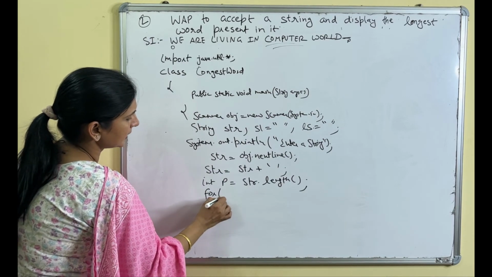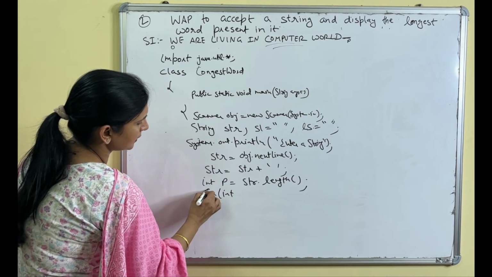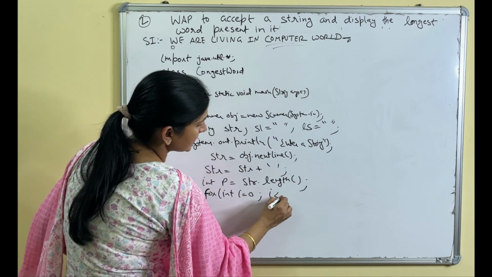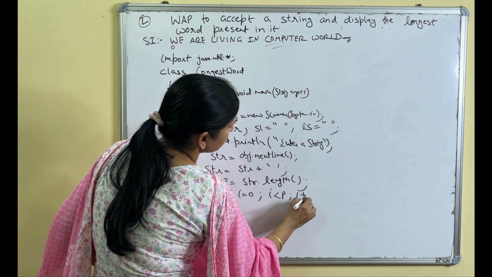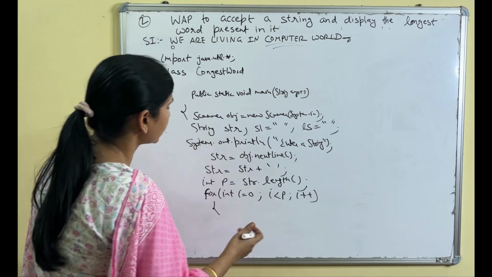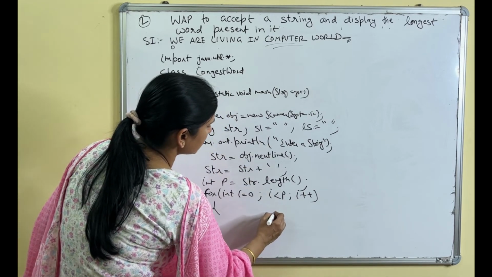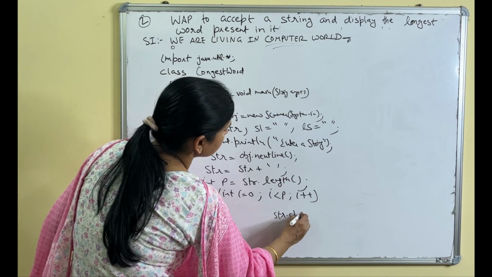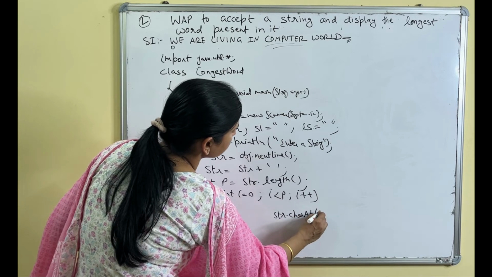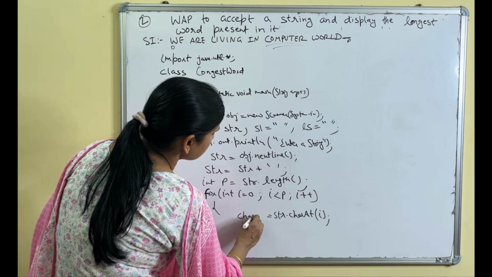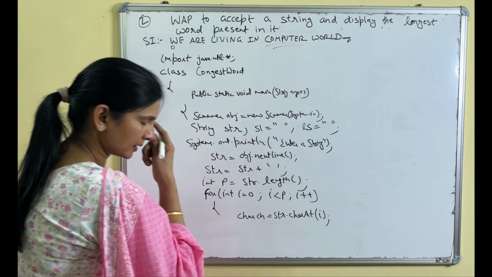For int i equals to 0, i less than p, i plus plus, right? Then again we will extract the char by using the function charAt. So str dot charAt, and in that we will pass i, and we will store it in char ch, right?